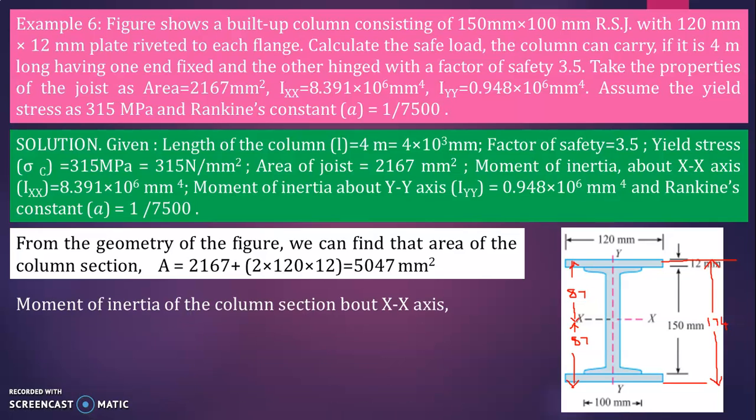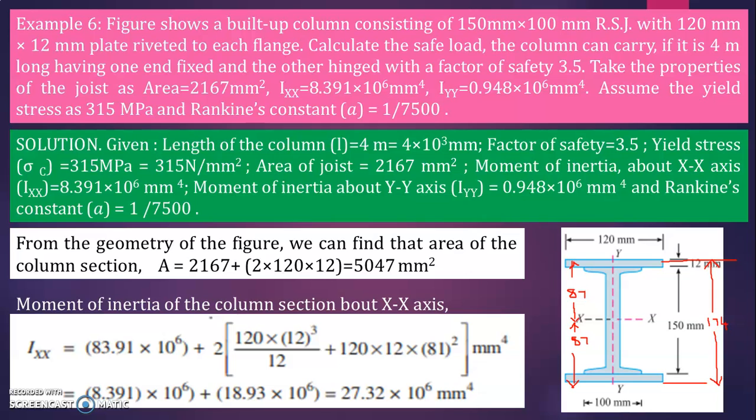How can you calculate Ixx? Ixx of the built-up column is given, that is 8.391 into 10 raised to 6.